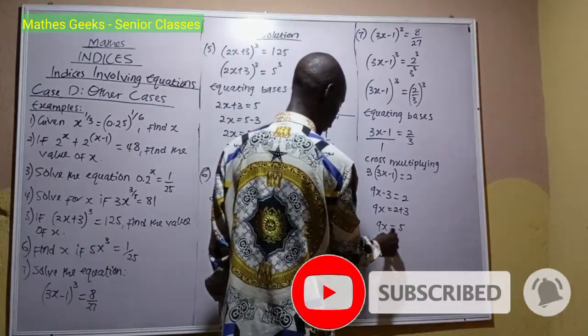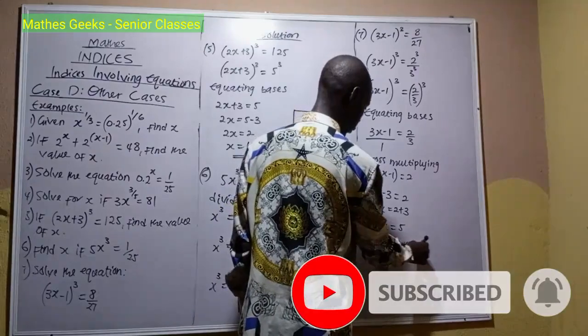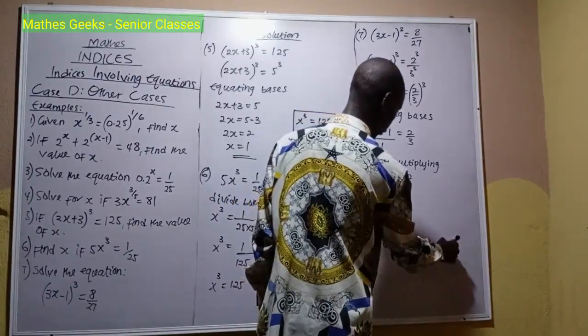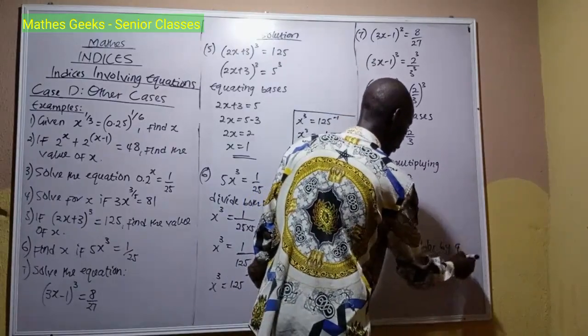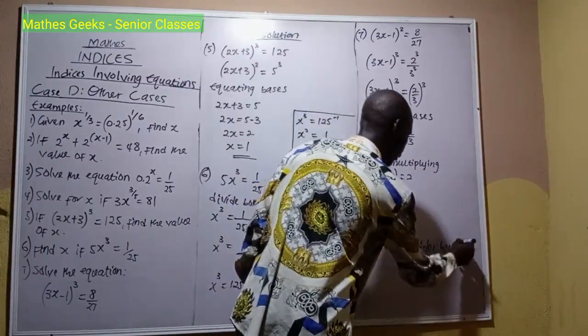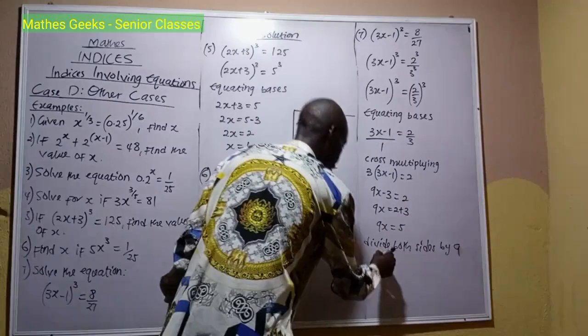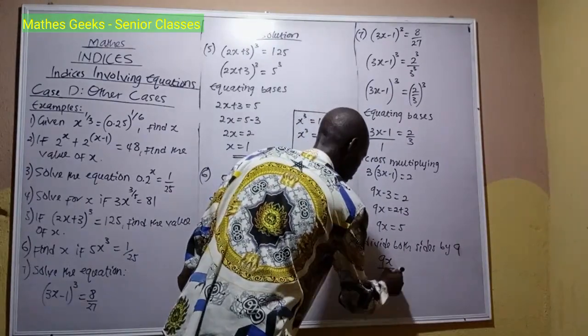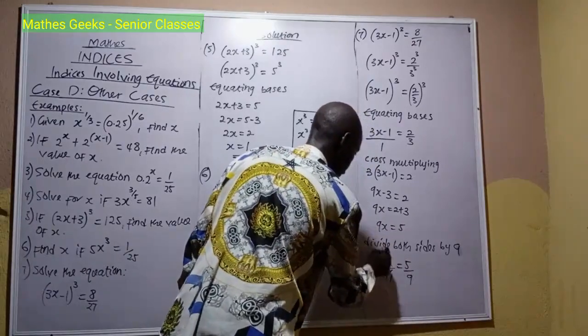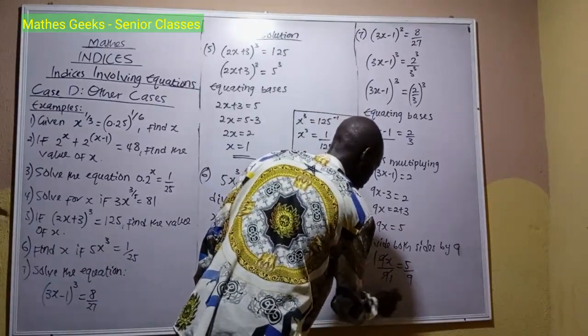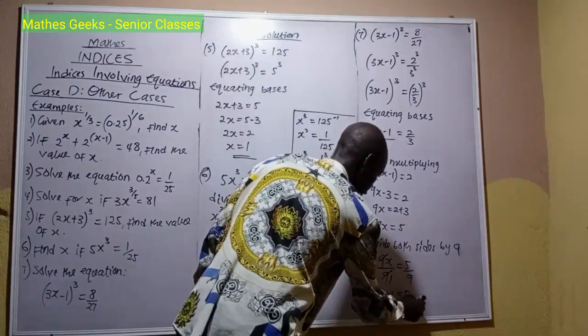Divide both sides by 9. We have here 9x over 9 is equal to 5 over 9. So x is equal to 5 over 9.